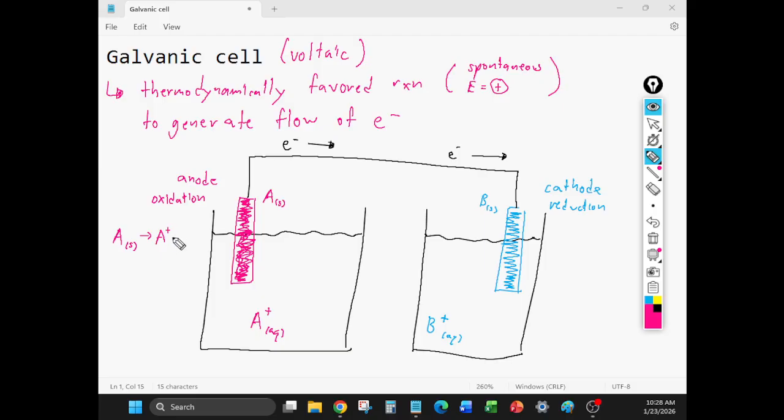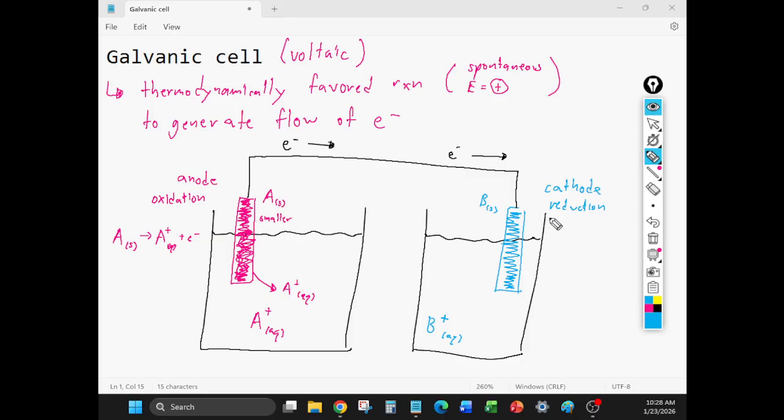So metal A is going to become positive and start dissociating into the solution. Because I'm losing electrons, metal A is going to start dissolving into the solution. So this metal right here is actually going to become smaller as time goes on, because electrons will leave and the solid piece of metal will dissolve.